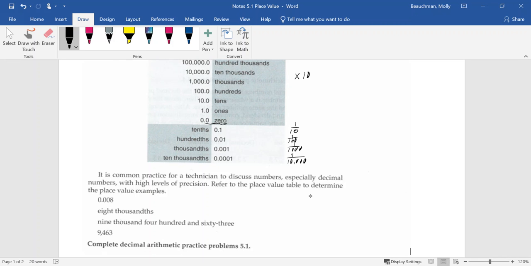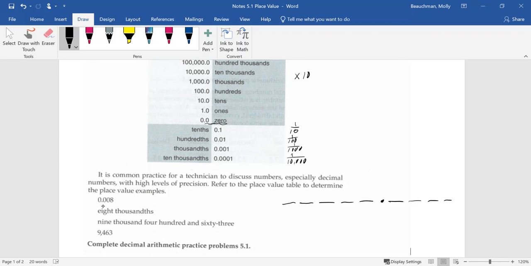You can also think of this horizontally. It's common practice for a technician to discuss numbers, especially decimal numbers, with high levels of precision. So we'll refer to the place value table to determine the place value examples.